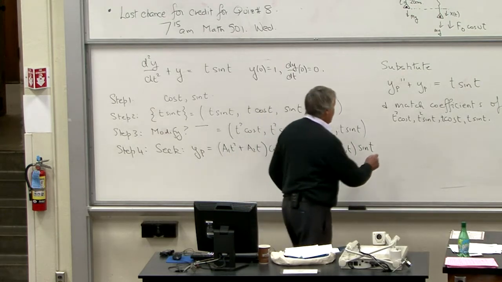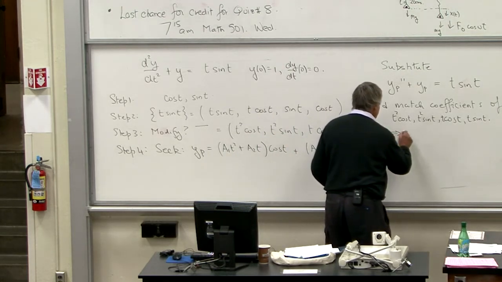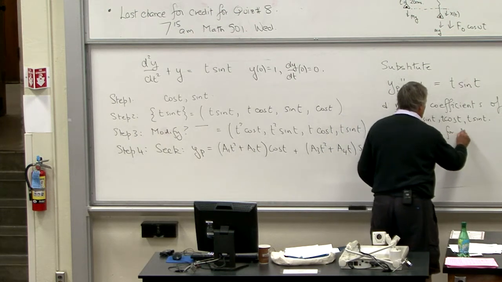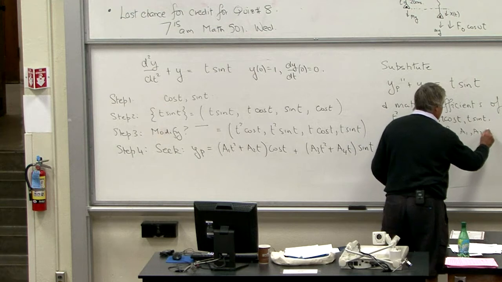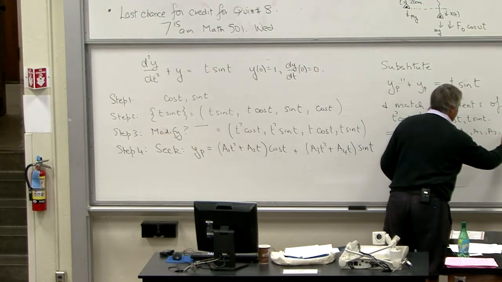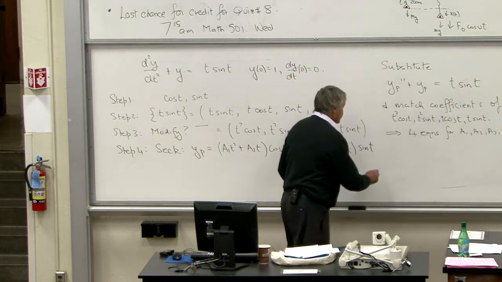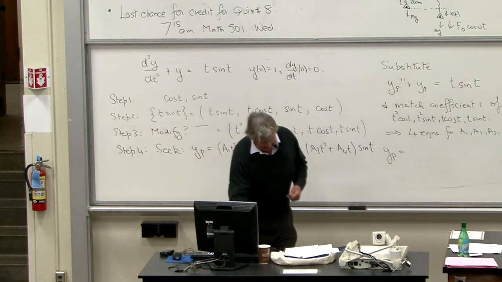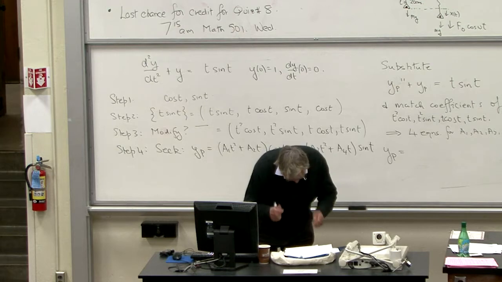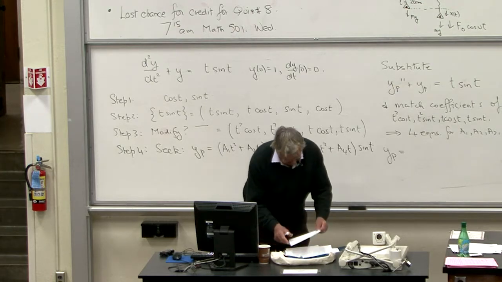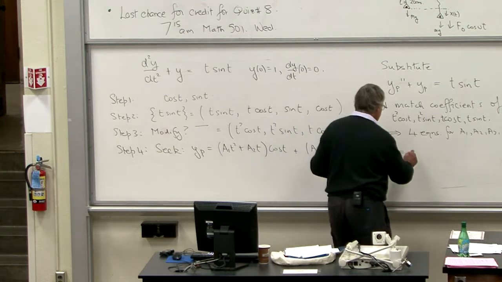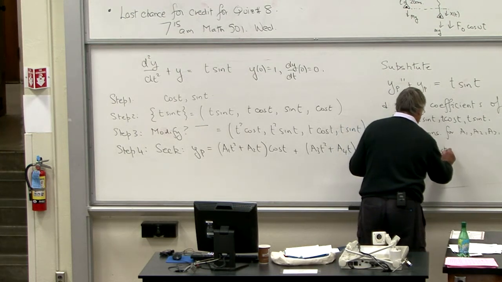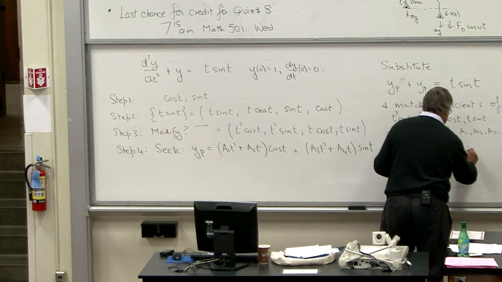This will give you 4 equations for A1, A2, A3, and A4. And the answer you'll find is yp equals minus a quarter t squared cos t plus a quarter t sine t.